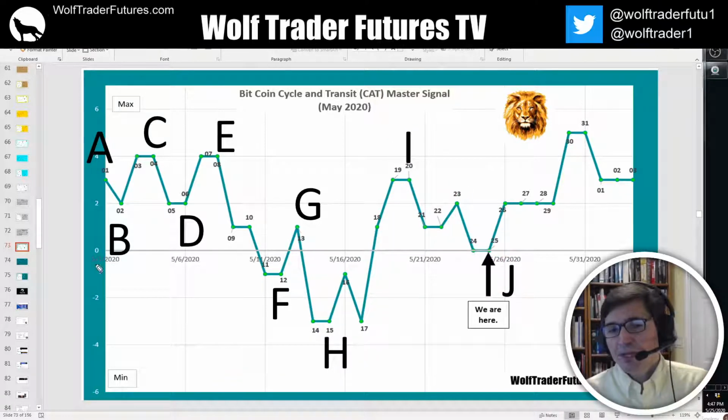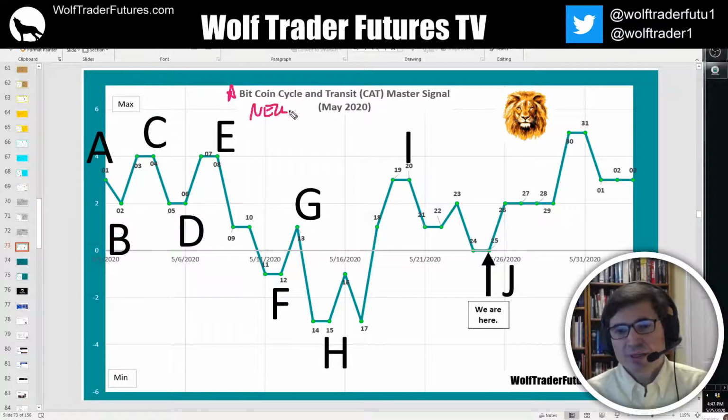So how did Bitcoin do? I mean, if you want to put a CAT file to the test, this is the one to put it to the test because A, Bitcoin is new, right? Bitcoin is new, and you've got a lot of turns in here. So the chances of this being random, if this works on Bitcoin, is dramatically decreased, right?